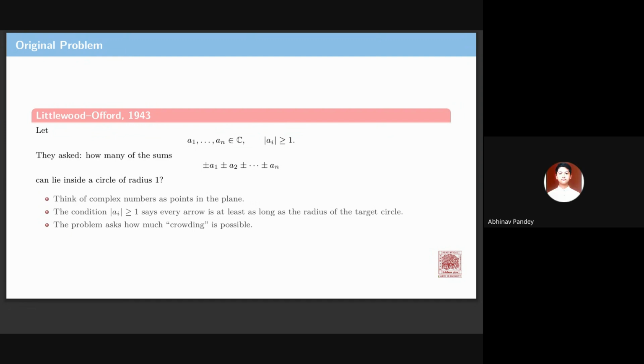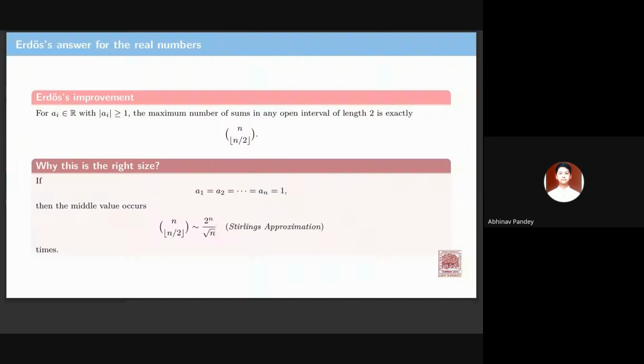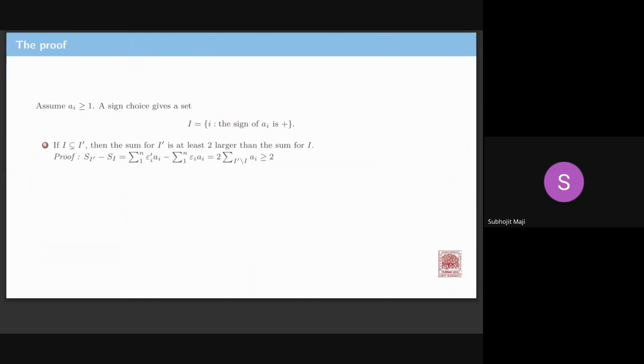The other one you saw is another index set, I dash. So I assume that I dash contains I, that is, there is some bigger index set containing this one. Okay, got it.